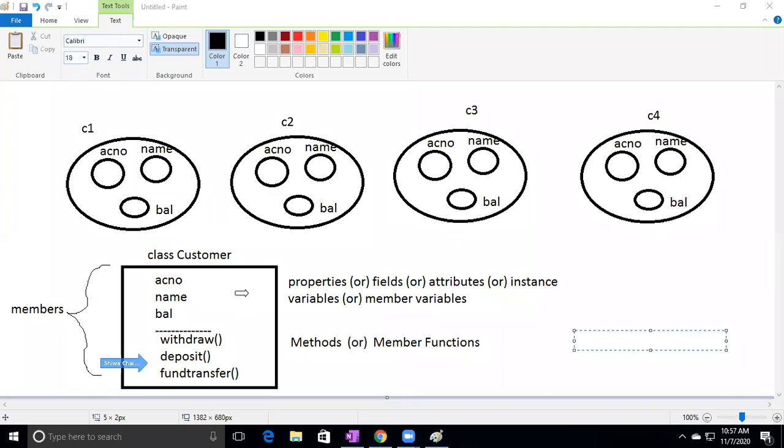So we define several properties and methods in one container, which I call the class. Defining a class is nothing but encapsulation, you can say combining. Placing several properties and methods in one container is called encapsulation. This is about encapsulation.